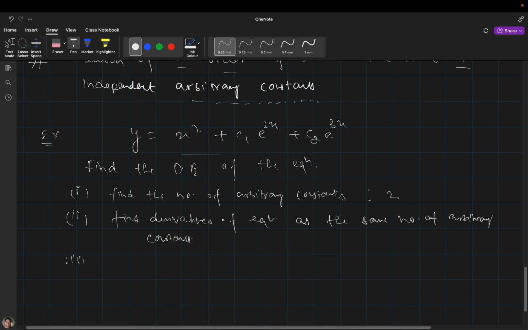Then the third step is what? Eliminate constants.